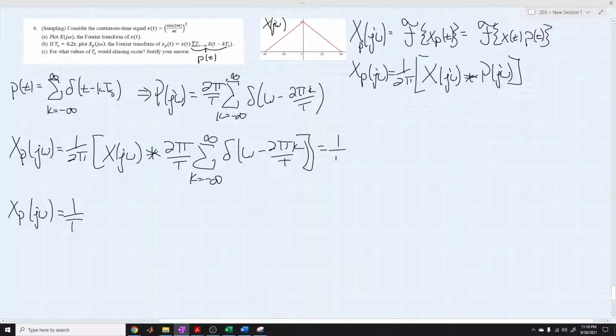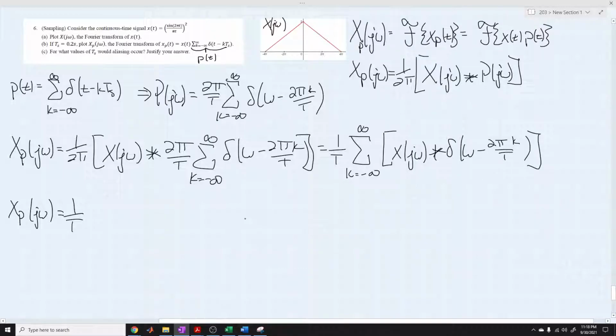So we have 1 over t. That's from 2 pi over t times 1 over 2 pi. And then we have this summation here. It's a linear operator because there's nothing in x that depends on k. If we had something in x that depended on k, then it might not act as a linear operator, but in this sense it does. So we have k equals negative infinity to infinity, and we have x of j omega convolved with delta of omega minus 2 pi k over t.